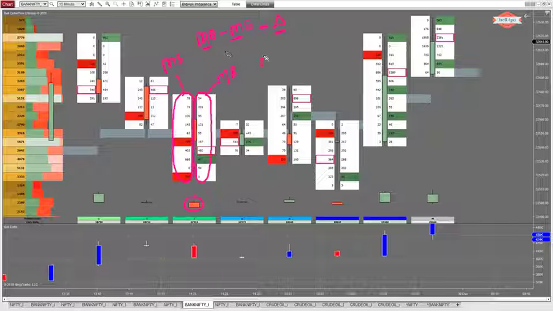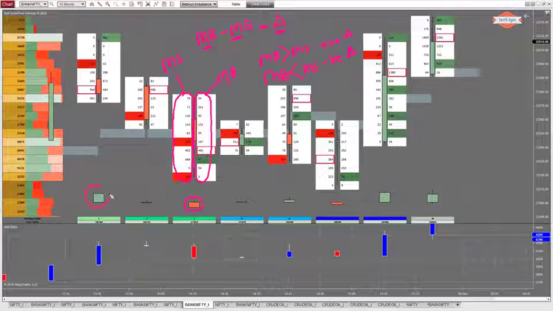If market buy orders are greater than market sell orders, you will get positive delta. If market buy orders are less than market sell orders, you will get negative delta.